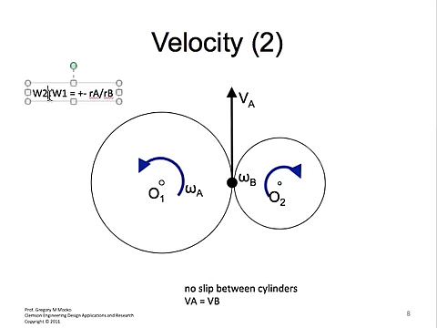So I made a slight mistake here. We'll use the same terminology, omega B and omega A. The plus or minus is there because the omega of A is opposite to the omega of B. So this is the relationship between the omegas of each of the circles based on the pitch line radii of each circle.